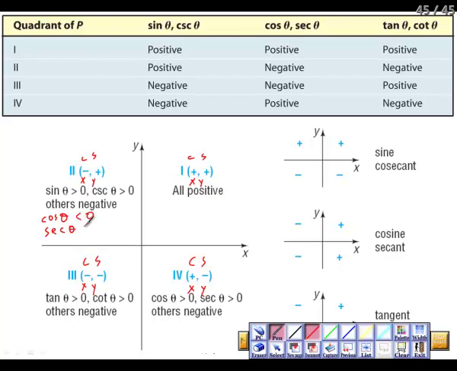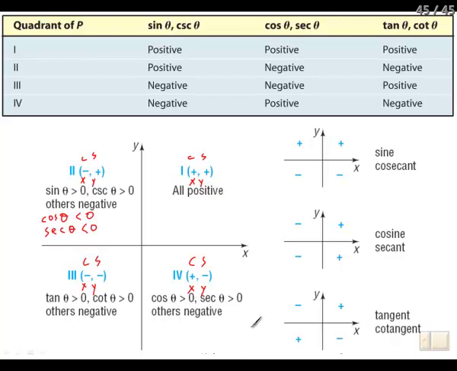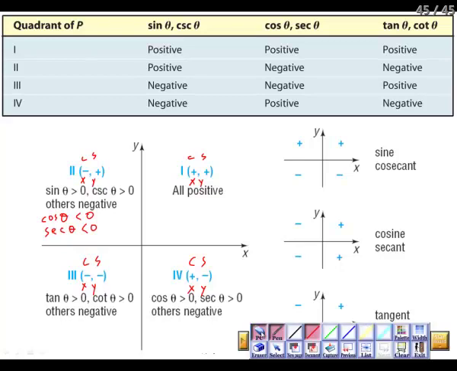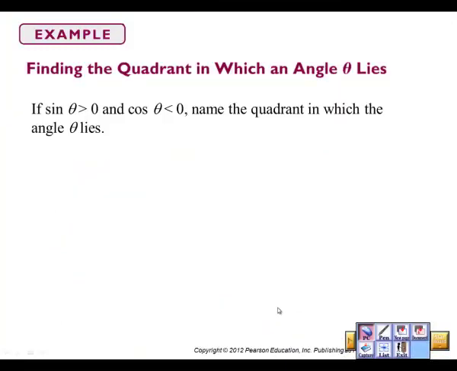And since tangent is sine over cosine, it'll be negative over negative. Tangent will be positive, and so will cotangent. And so our identities and the reciprocals are going to be the same signs. Okay, so those are the signs.